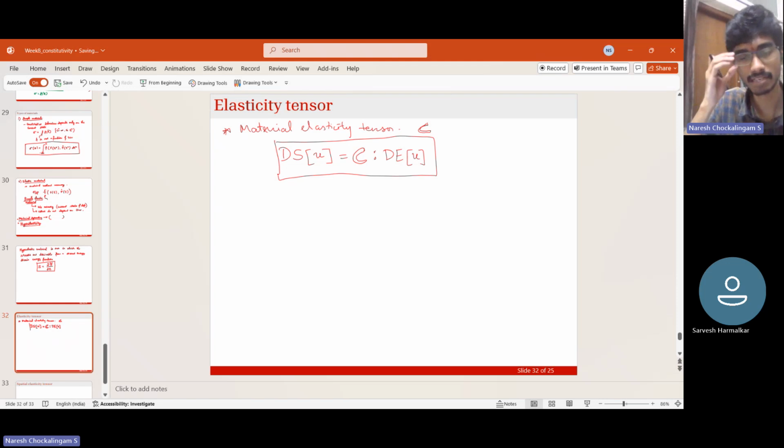This is the relationship between this tensor, which relates the directional derivative of S in the direction U and E in the direction U, is the material elasticity tensor.